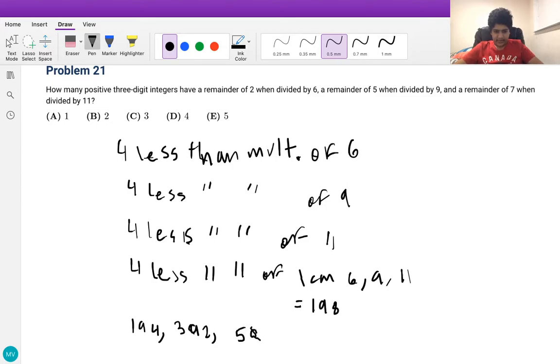Add 198 to that to get 788. And then finally you get 986. A total of 5 numbers. Shown here.